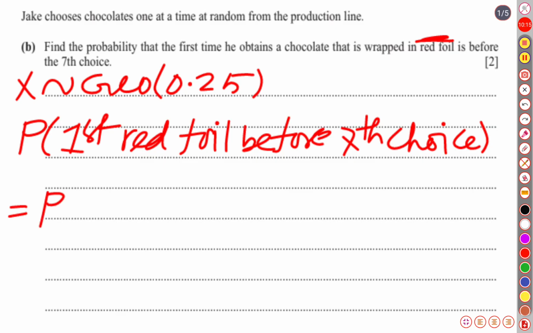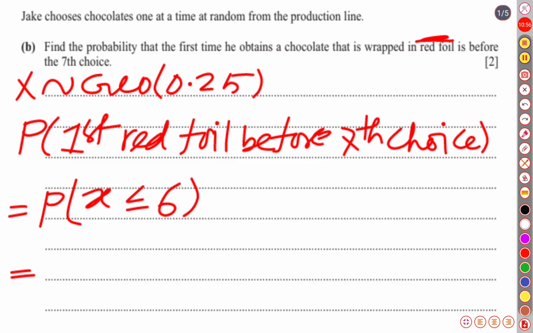Before the seventh choice means it is going to be the probability of the first red foil being less than or equal to the sixth choice. That means we can write that X is less than or equal to 6.